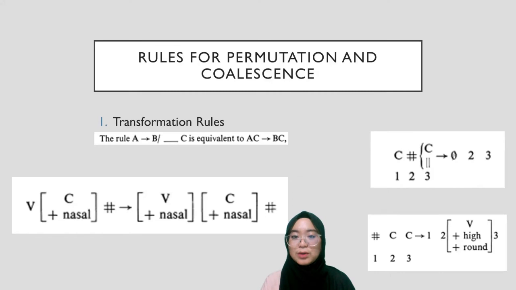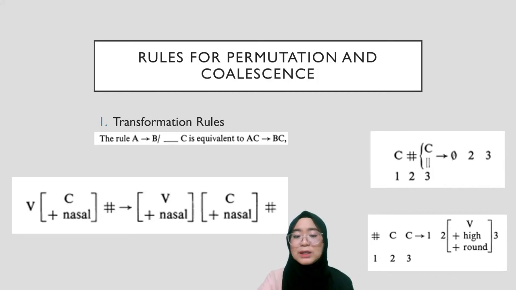In these rules for permutation, especially transformation rules, we will need to specify a numbering system which shows the elements that appear to the left, and use the same numbers on the right to refer to their relative position. As you can see on my right side, there are numbers and also specifications for it.